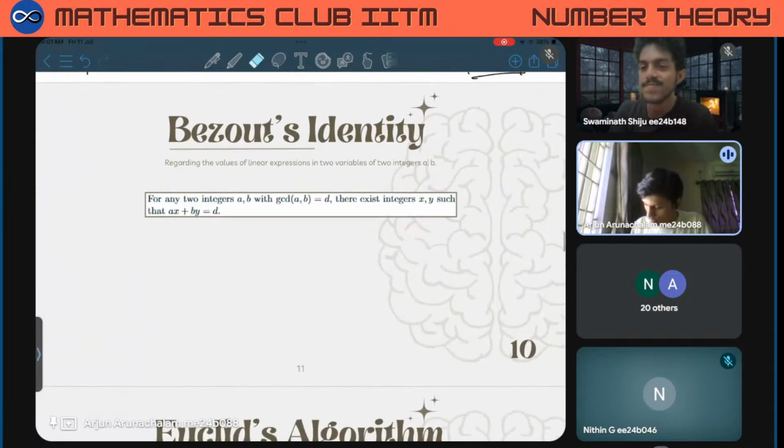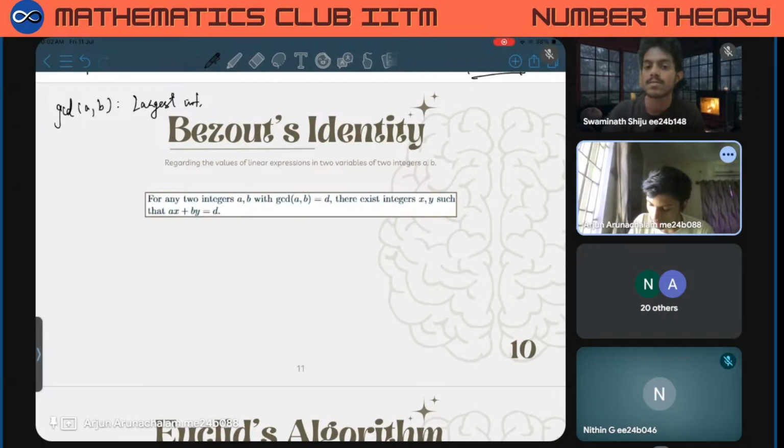Yeah. So Bezout's identity states that for any two integers a, b with GCD of a, b being d. So what GCD of a, b is, is the largest integer that divides both a and b.